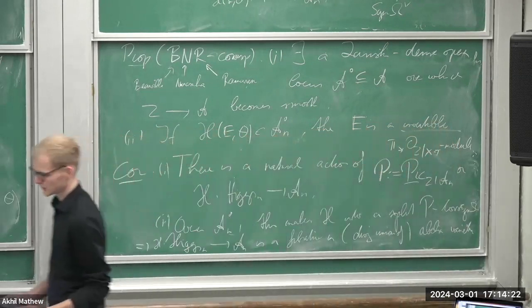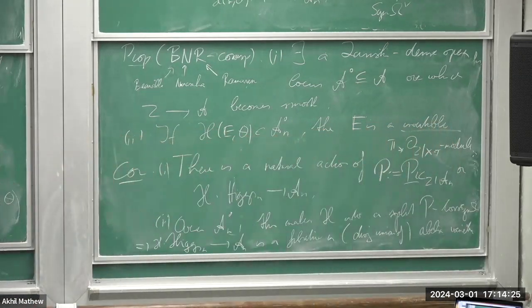And well, you can guess what comes next. Namely, the same works in some sense on the Betti side. However, yes, so this is a fibration, and this is over the regular locus.